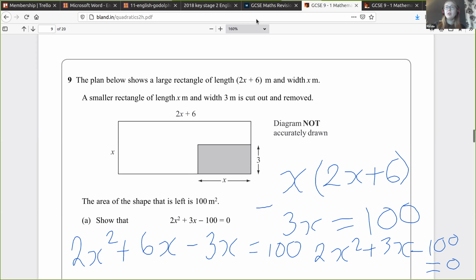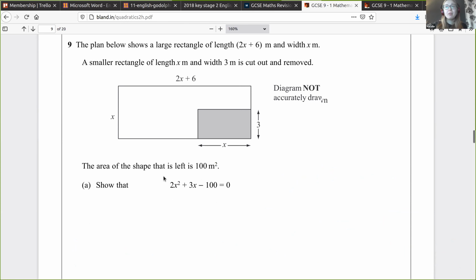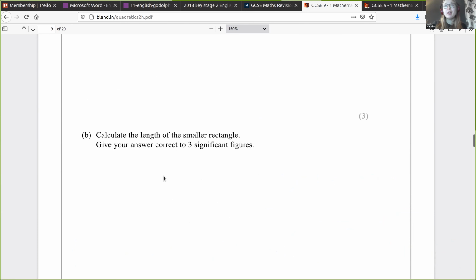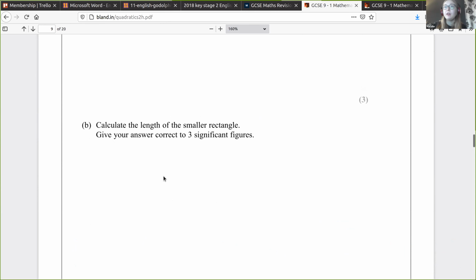Perfect. Now, the minute they ask you to set up a quadratic equation, you can predict that they're going to ask you to solve it. Now, calculate the length of the smaller rectangle. Give your answer correct to 3 significant figures.